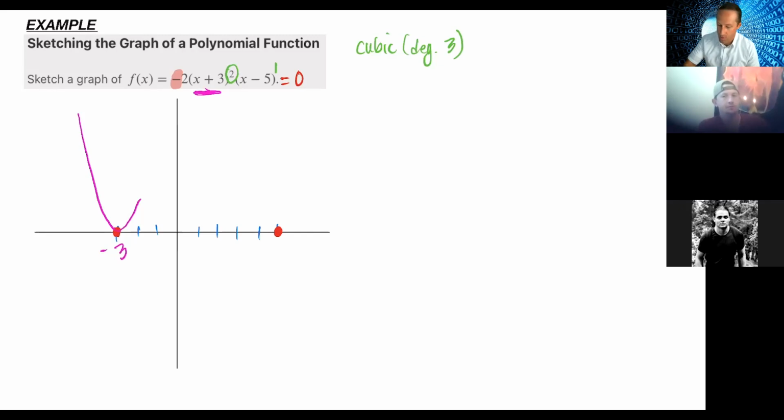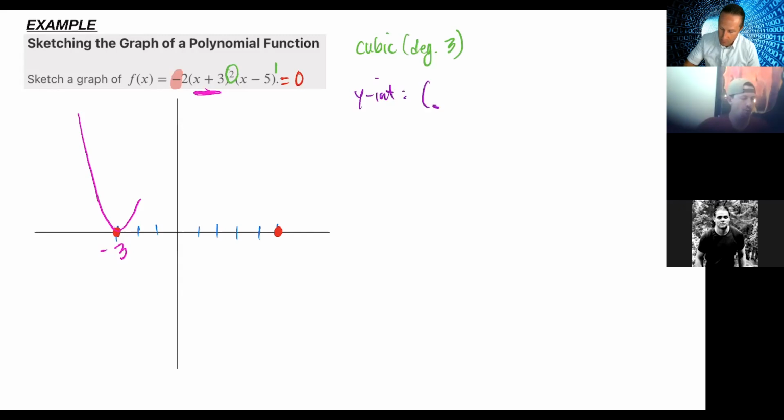Now, where do I cross through this? How would I find it? That f of x to 0, plug in 0 for all the x values. Very good, Taylor, which means I would actually, and what do we call that? Our y-intercept, right?